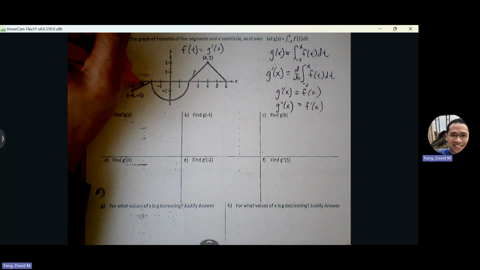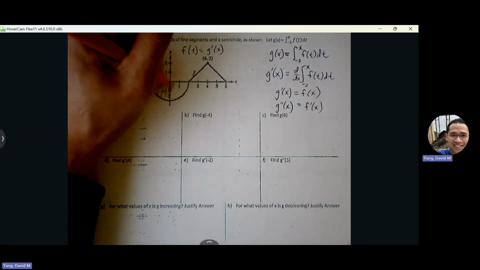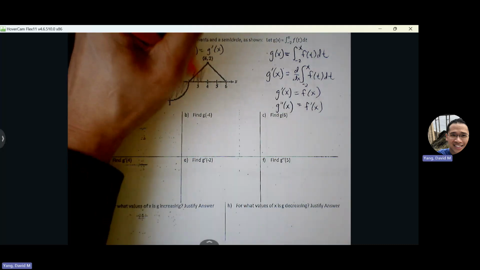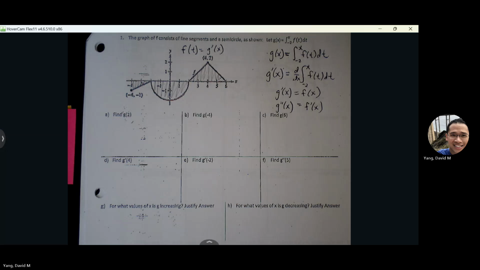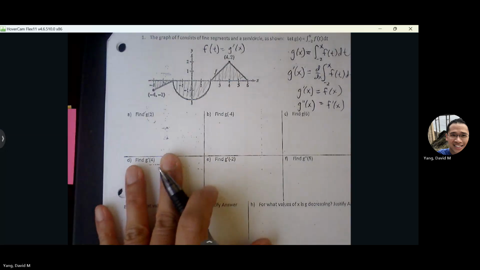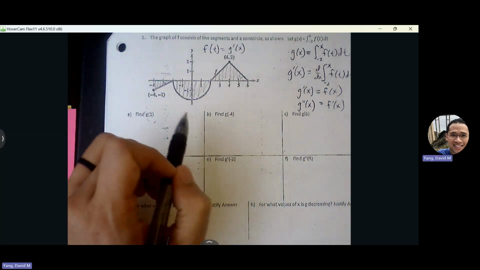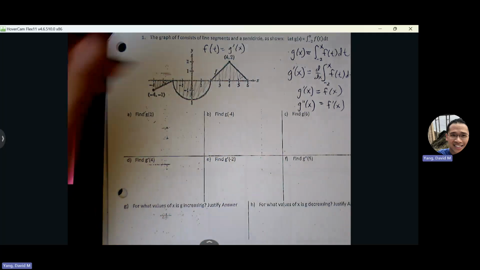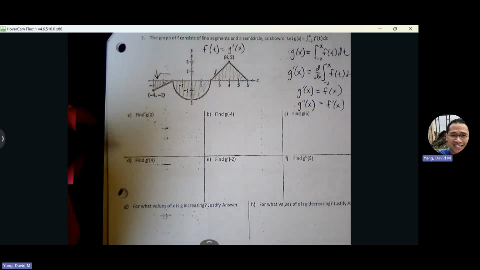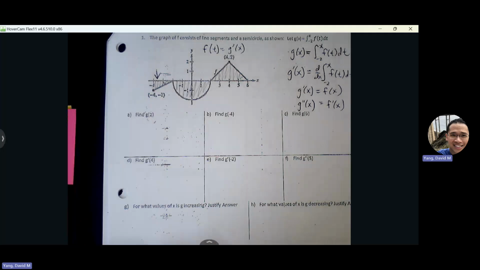So go ahead and shade in what you see between the graph and the x-axis. Okay, let's go ahead and find the areas of each of these regions so that we can easily reference them. First is a triangle below the x-axis. So we know that's going to be negative.